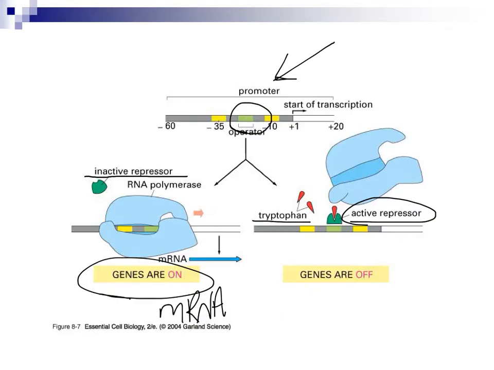So now extra tryptophan will bind to the repressor. And now that means you don't need more tryptophan because you already have extra hanging around. So now the active repressor will bind to the operator portion of the promoter and turn the gene off. In this particular case, you no longer need tryptophan anymore. So the molecule that was going to be produced by this gene helps to shut it off.